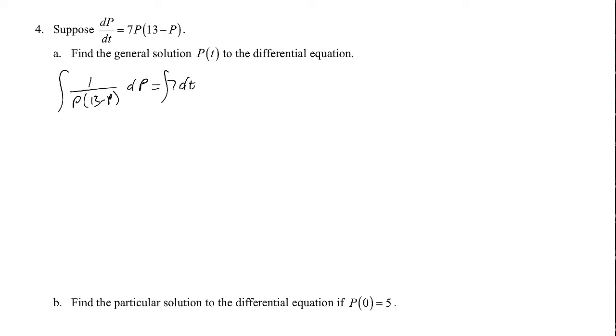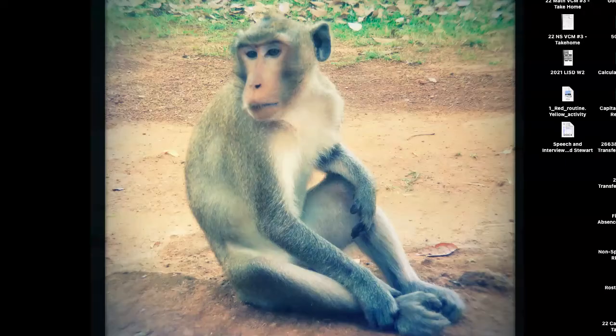And from this point, what mathematicians did, this is kind of counterintuitive, but they tried to solve this and combine their natural logs, and that would mean that this is in the denominator. So that when I rewrote this in exponential form, I would have to multiply up the 13 minus p. They said, that kind of sucks. Instead, I want this to be in the denominator, so the way I can do that is if I multiply everything by -1.